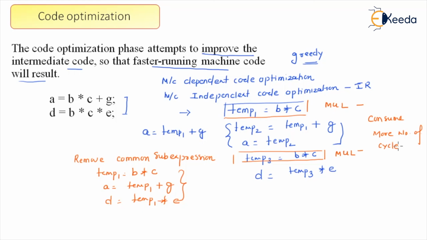To avoid this, if you compare this code and that code, definitely this will take fewer cycles, and the code will run faster. So that is the idea of code optimization, and it is applied at 2 levels: machine dependent and machine independent.